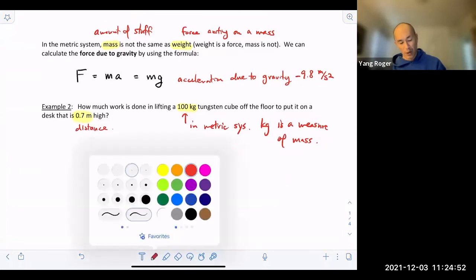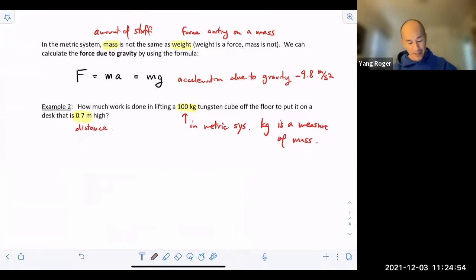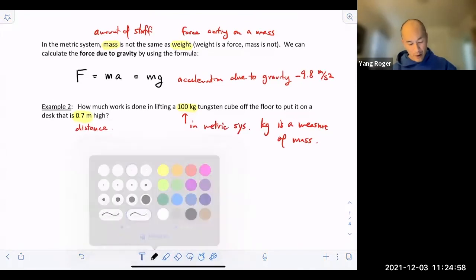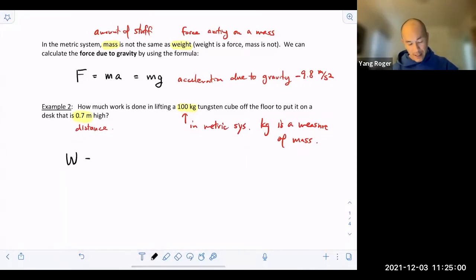So when we work with our work in this particular case, we know that our work is equal to force times distance. And because we're working with the metric system, we know that we want to describe our force as mass times gravitational constant times the distance, right?